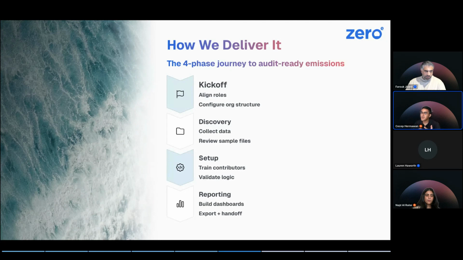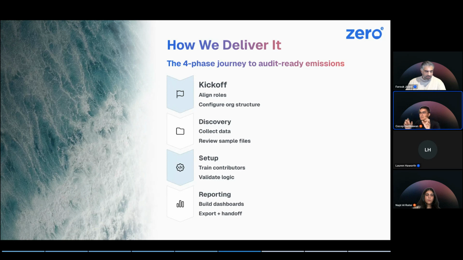The purpose is that we don't want to miss any single point within the organization, because one of the problems with audit ready emissions inventory is that we forget something is happening in an operational location, a remote location or something like that.